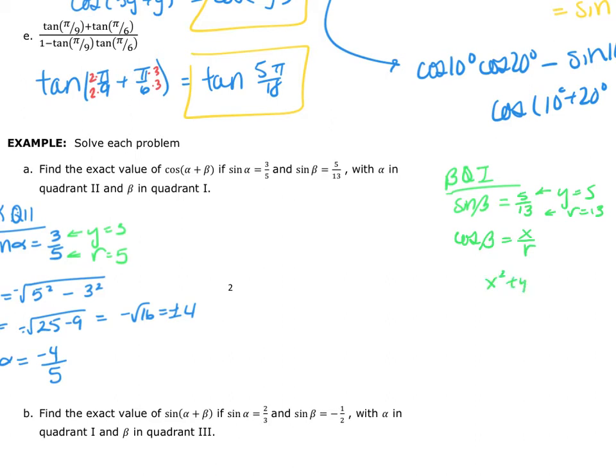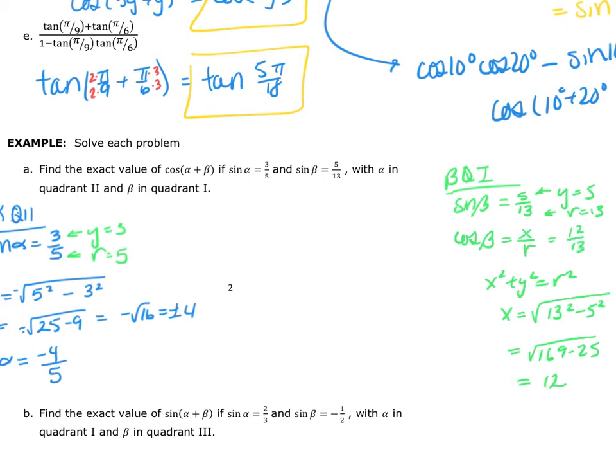X squared plus y squared is equal to r squared all day long, so x is equal to, normally plus and minus, quadrant 1 means I take the plus. And I'm going to have the square root of 13 squared minus the 5 squared. This is going to give me the square root of 169 minus 25, which is the square root of 144, in other words 12. So this is going to be 12 over 13.